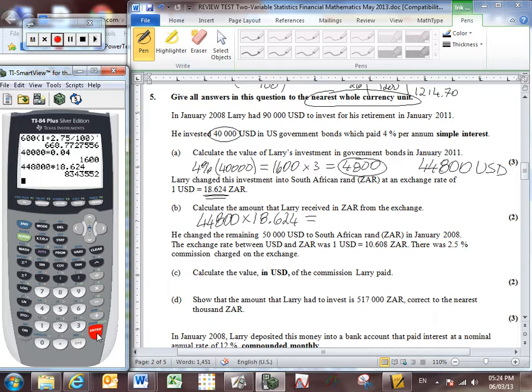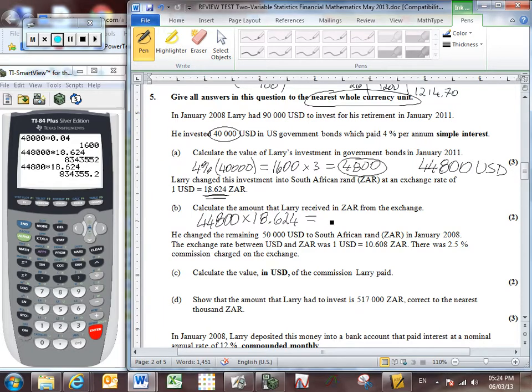Oh, I see, I've got an extra zero here. Let's start again. 44,800 times 18. Still going to be a huge number, isn't it? Now we're supposed to give it to the nearest whole currency unit, so that gives us 834,355 South African rand. Wow.